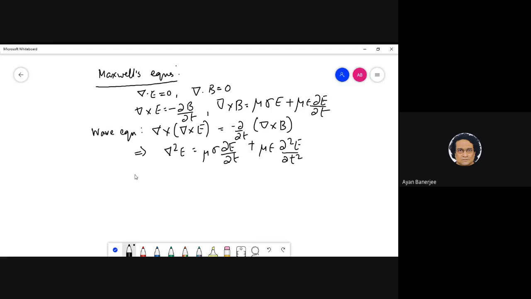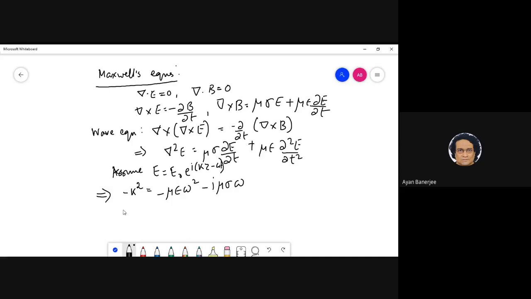So again, if I assume a plane wave solution of the nature E(z,t) equals E0 e to the power i(kz minus omega t), where E0 I consider to be real, that implies straight away that minus k square equals minus mu epsilon omega square minus i mu sigma omega.